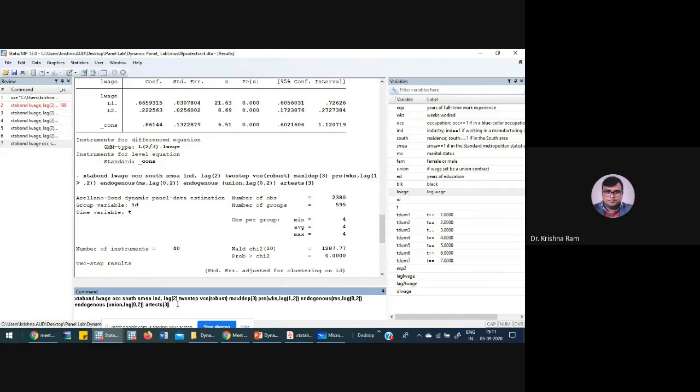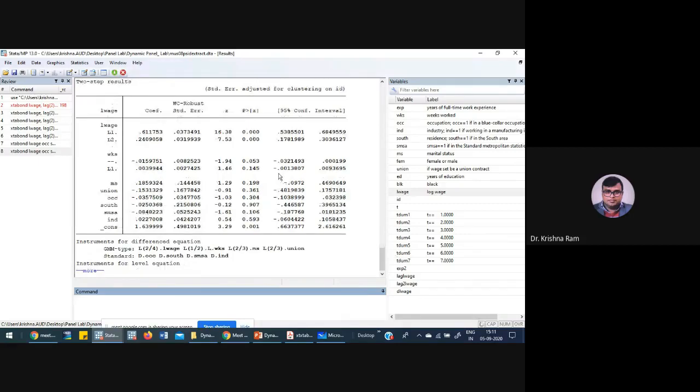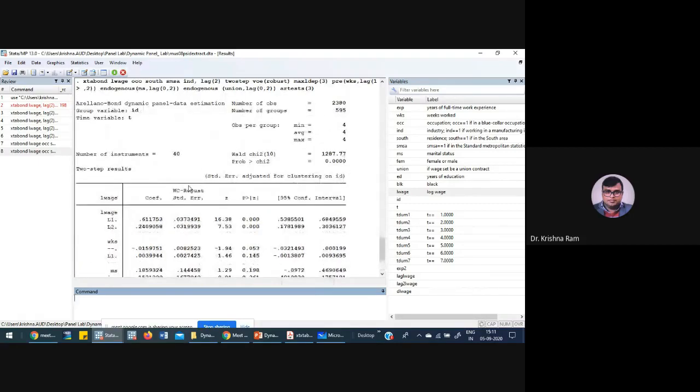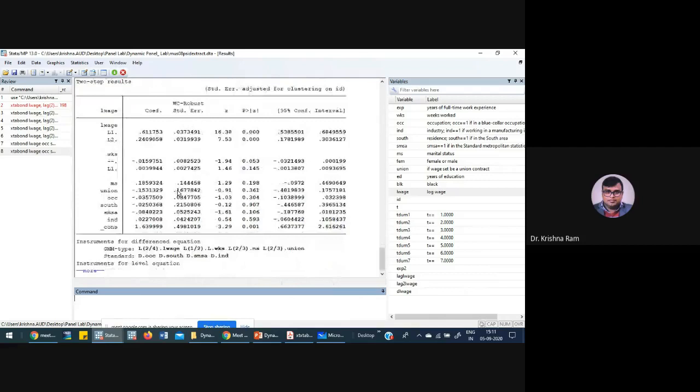And as I said, when we enter, we get the result. Interpretation of result is same as before. Now look here, the instrument variable explanation. So the instrument variables for log of wage are the first and second lag value of log of wage, third lag value of log of wage, and fourth lag value of log of wage.